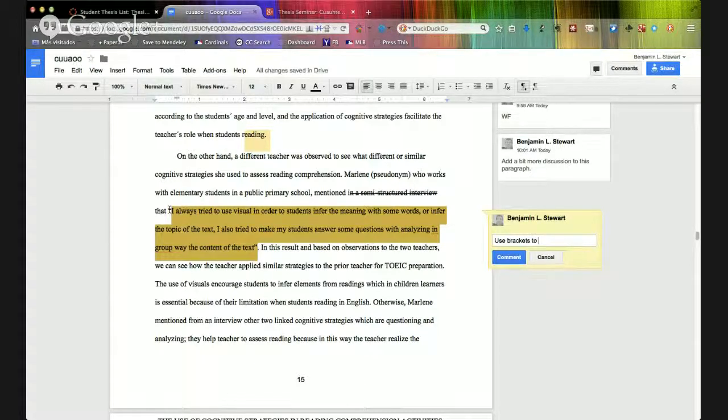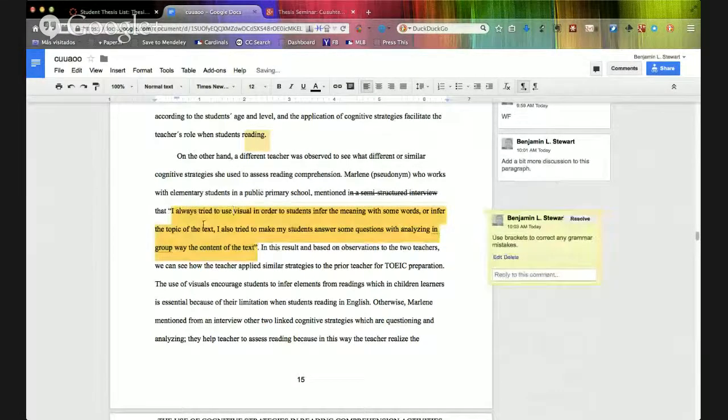Use brackets to correct any grammar mistakes. If this is a direct quote, okay, and they make a mistake with the grammar, you have to change it. So I always, now here, for example, you can say, try, and then just delete.